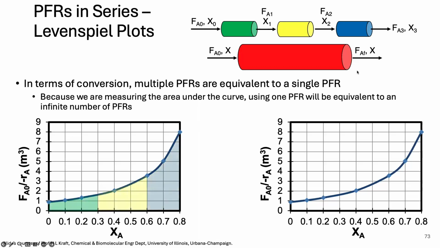In this case, the areas would be additive, and we see that would add up to the total volume of the single PFR. Hopefully that makes sense, as PFRs are essentially tubes, and if we have 3 smaller tubes versus 1 larger tube, it's just like we're connecting the outlets of those tubes themselves.